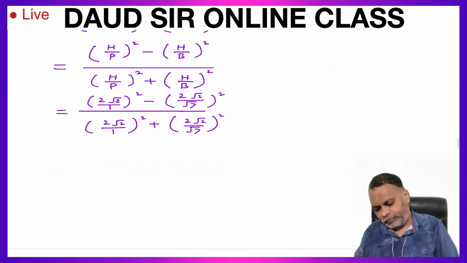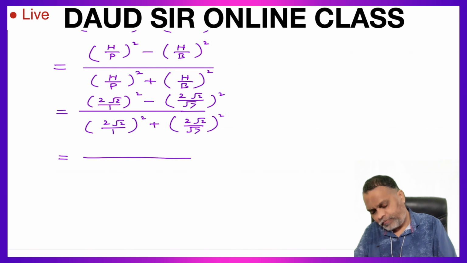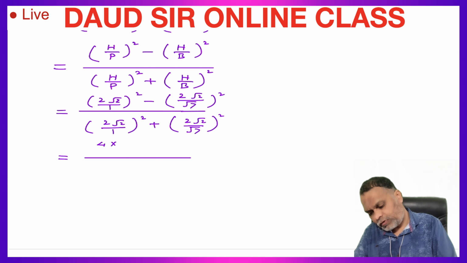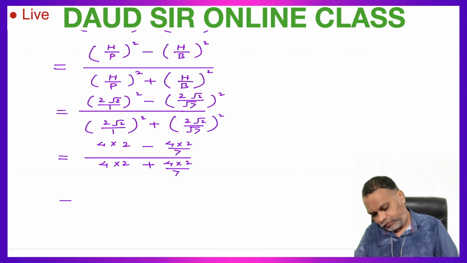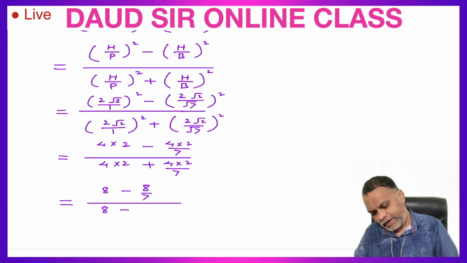Simplify this, which is equal to 2 square 4, root 2 square 2, 1 square 1, 2 square 4, root 2 square 2 upon root 7 square 7, and denominator 2 square 4 into root 2 square 2, 1 square 1, plus 2 square 4, root 2 square 2 upon root 7 square 7, which is equal to 4 times 8 minus 4 times 8 upon 7, 4 times 8 plus 4 times 8 upon 7.